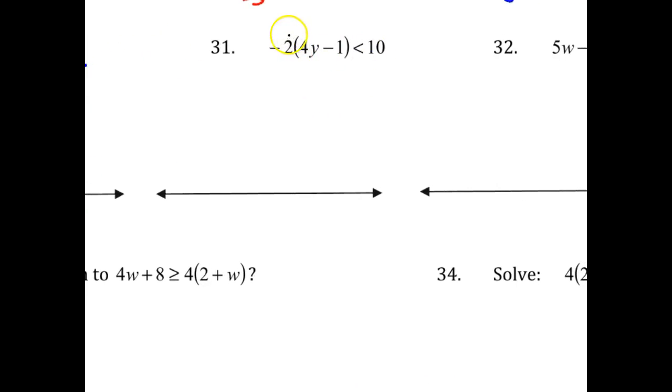Alright, 31. Let's do some distributive property. We'll do negative 8y plus 2, negative times a negative is positive, less than 10. Subtract 2 on both sides.